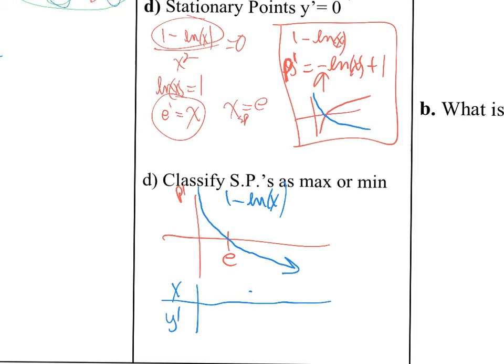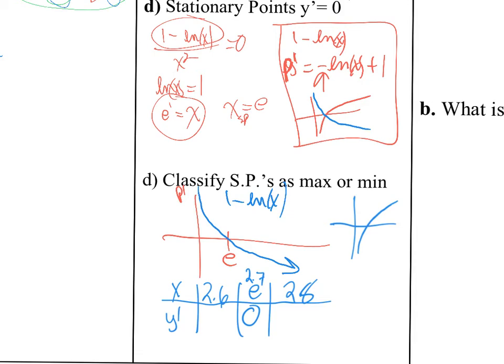X and y prime. So we have e, that's 0, and we know e is approximately 2.7. So here I might do 2.6, and here I might do 2.8. So I have to do 1 minus ln of 2.6. We know the ln graph, but let's just put this in our calculator. 1 minus ln x.